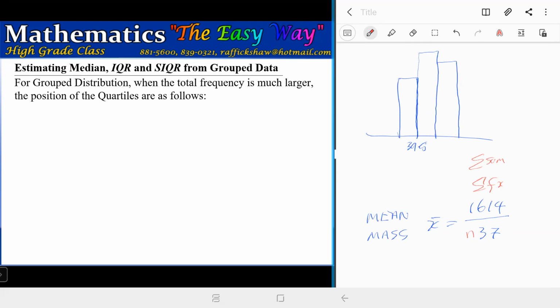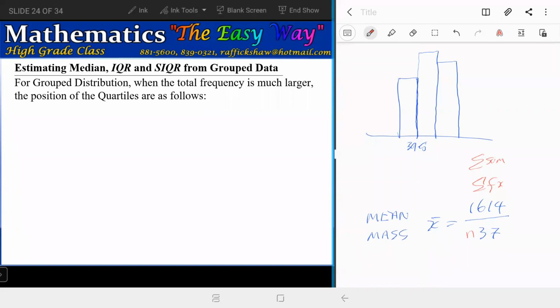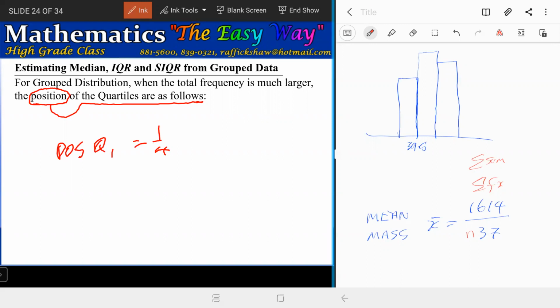Remember when the data was ungrouped? We came up with a formula for calculating the position of the quartiles. The keyword is position. Where is the quartile? When the data was ungrouped, or raw, the position of Q1 was 1/4 of the n plus 1 term, right?